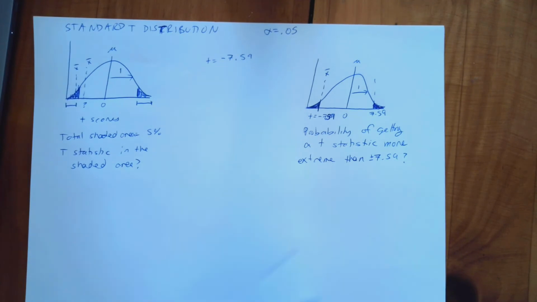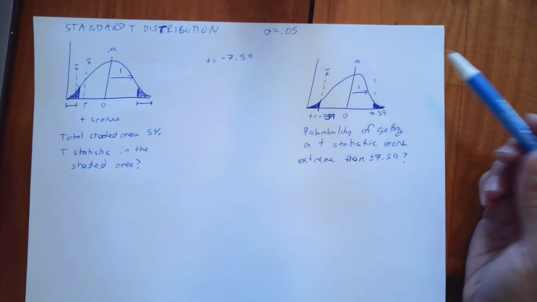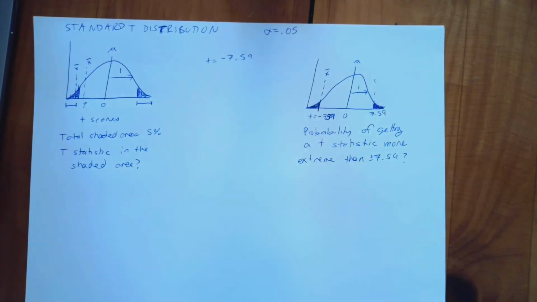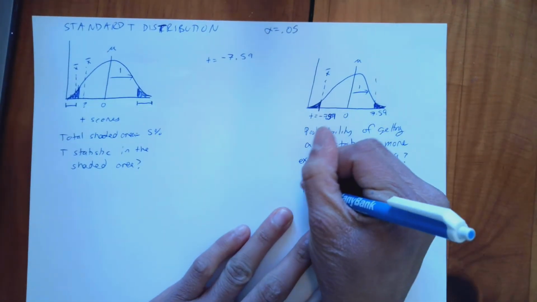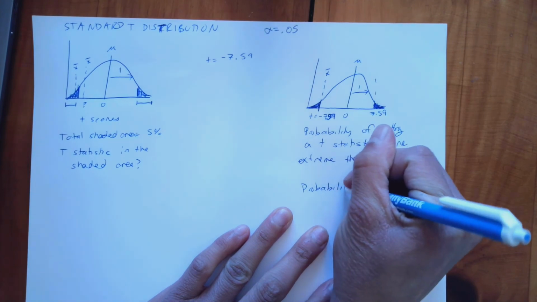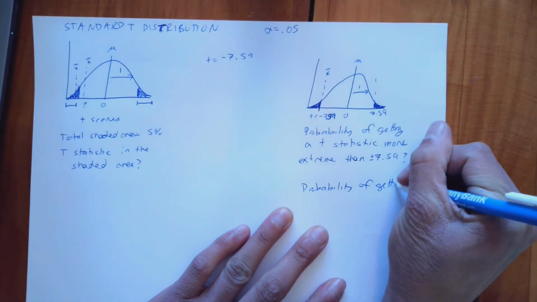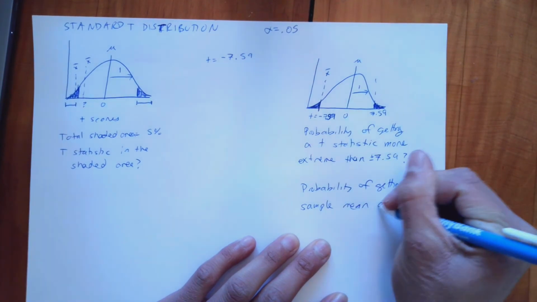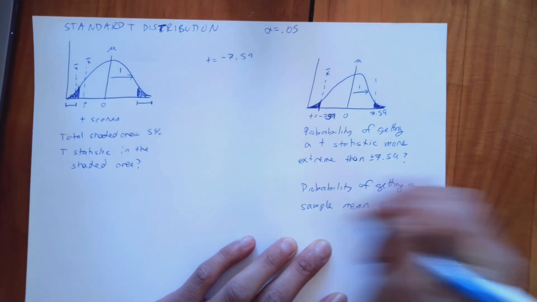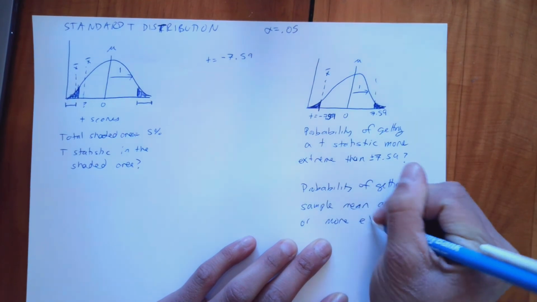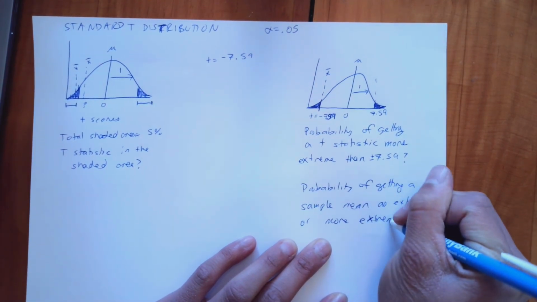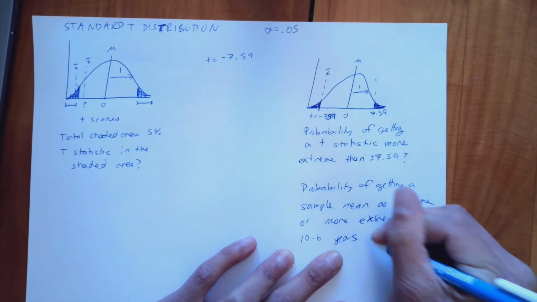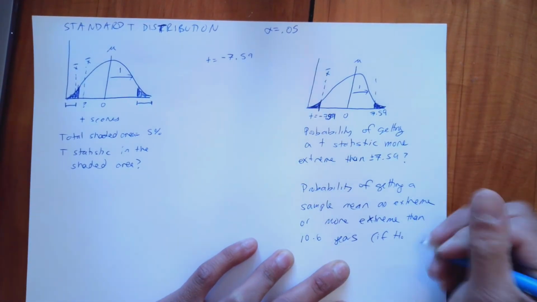And the probability that we find here is going to tell us the probability of getting a sample that's as extreme or more extreme than the one we actually got, if the null hypothesis is true.